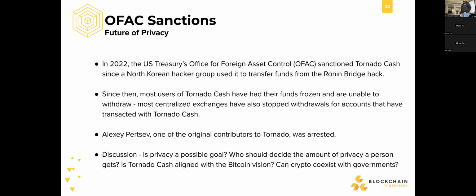Because of that, most users of Tornado Cash have had their funds frozen inside. Once you deposit, you can't really withdraw, because withdrawing means calling that contract. If you're a US user and you call that contract, you cannot withdraw your money to fiat, because most centralized exchanges have stopped withdrawals for accounts that have transacted with Tornado Cash.